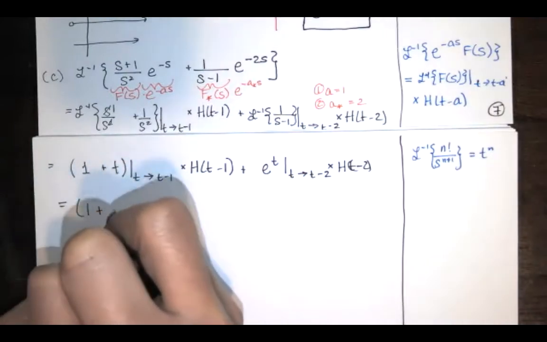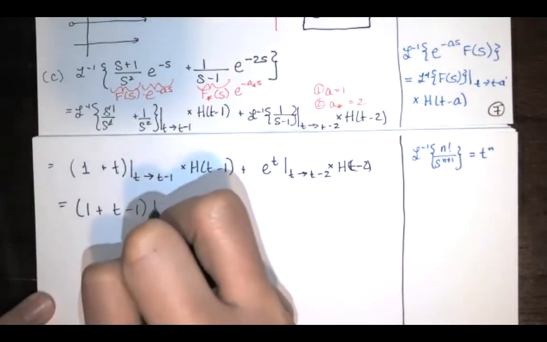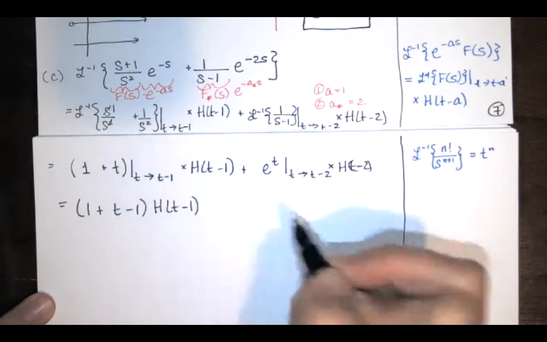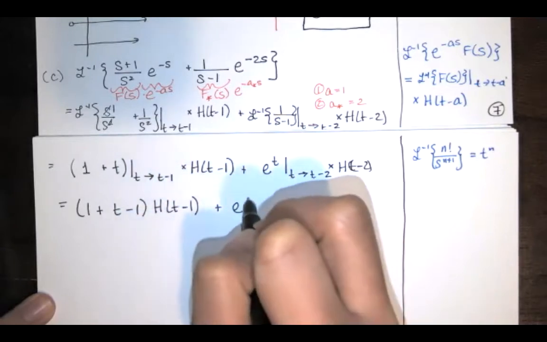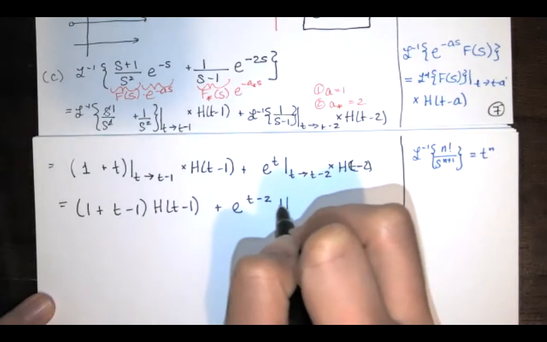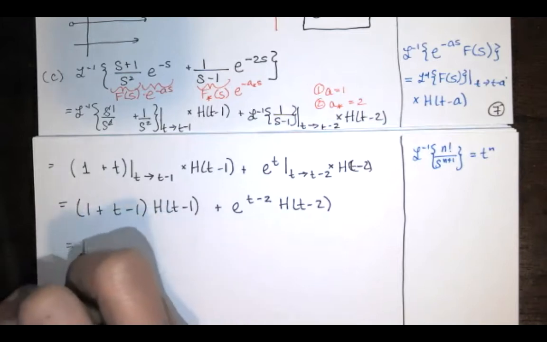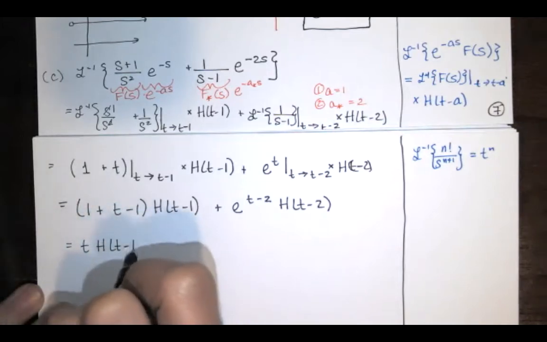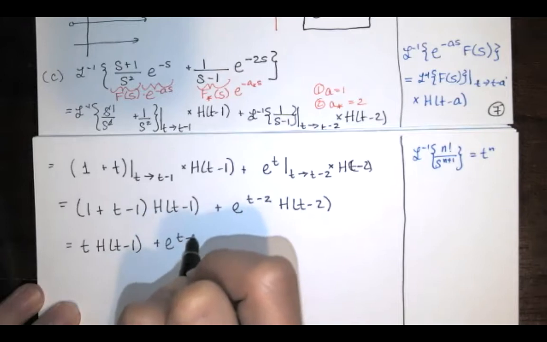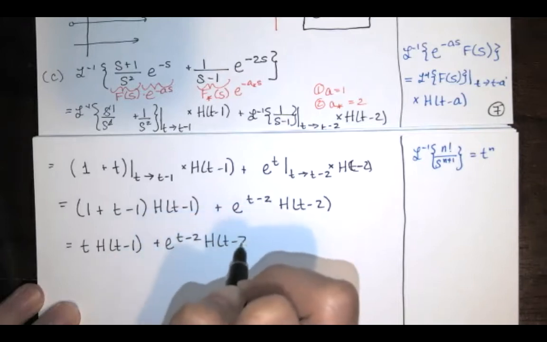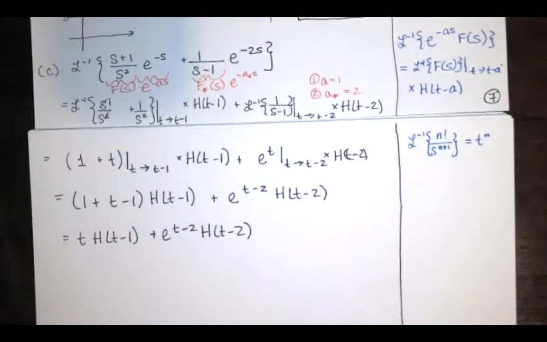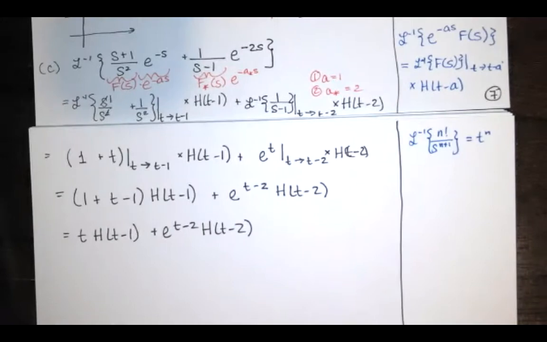So I have 1 plus t minus 1 times the Heaviside function at t minus 1 plus e to the t minus 2 times the Heaviside function at t minus 2. Of course, 1 plus t minus 1, the 1 and the negative 1 cancel, and we just get a t. So that is the inverse transform that we were looking for.